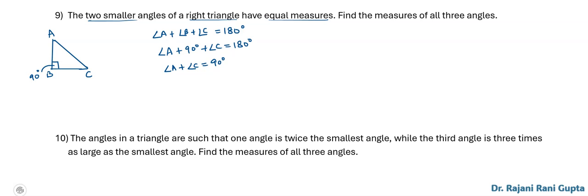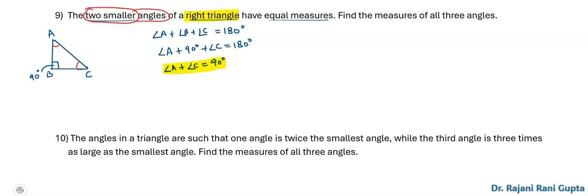So whenever they say right triangle, do this calculation. Okay. So we reach up to here. Now let's read out what is given. The two smaller angles. So it means angle A and angle C. Because B is 90 degrees, this is the maximum one.